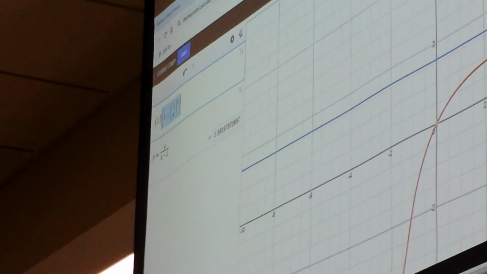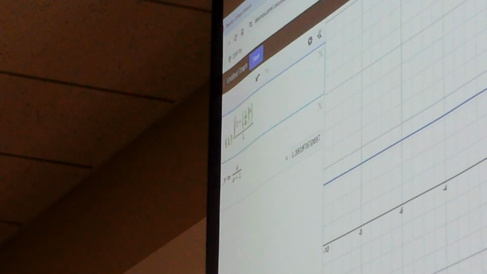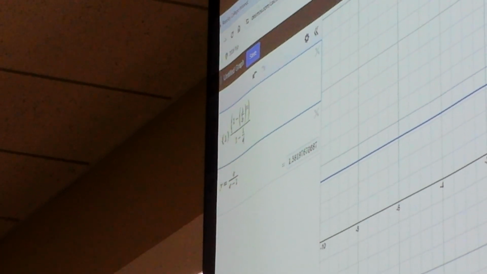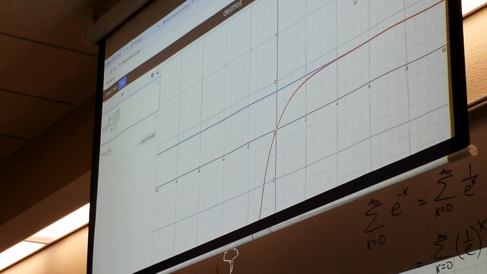Now I want this to be a fraction over 1 minus 1 over e. There we go. All right. So let me explain what I just did.